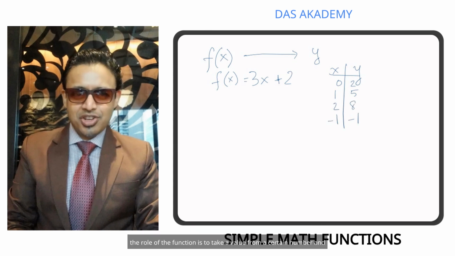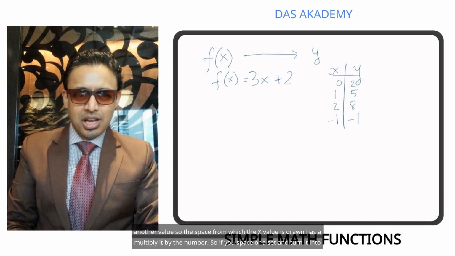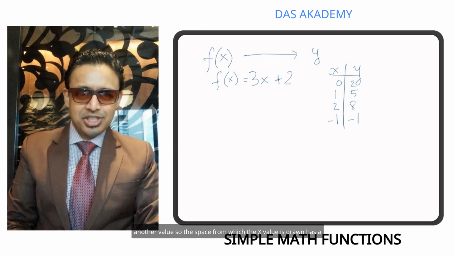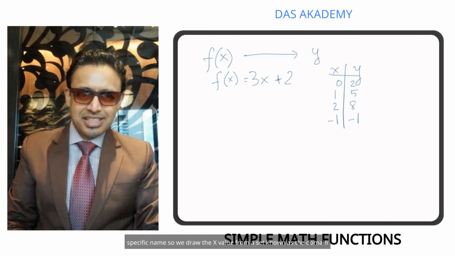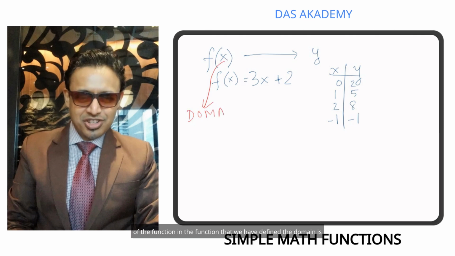So the role of the function is to take a value from a certain space or a set and turn it into another value. The space from which the x value is drawn has a specific name. We draw the x value from a set known as the domain of the function.